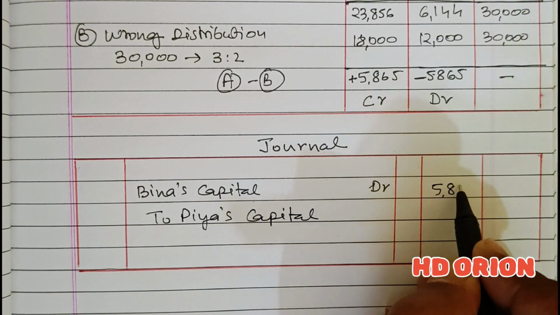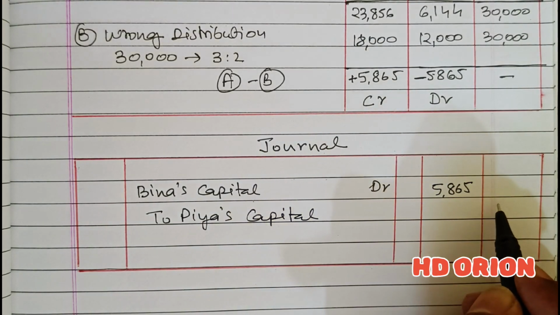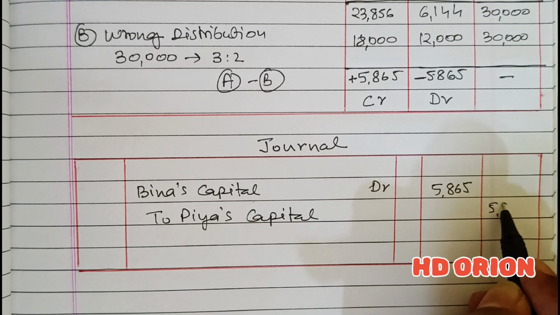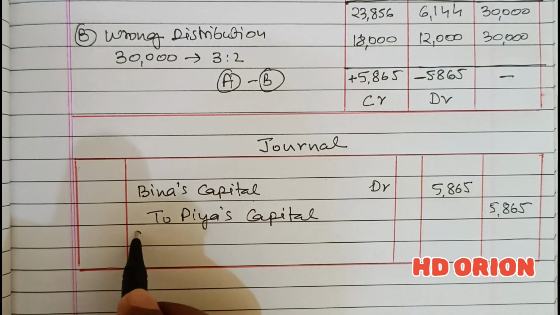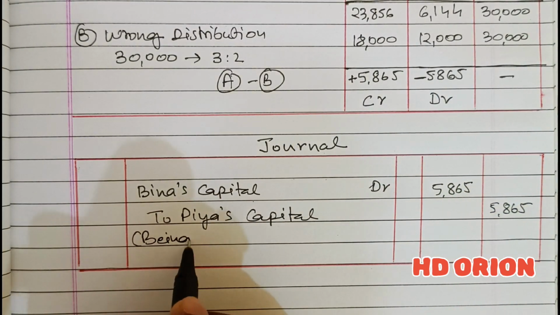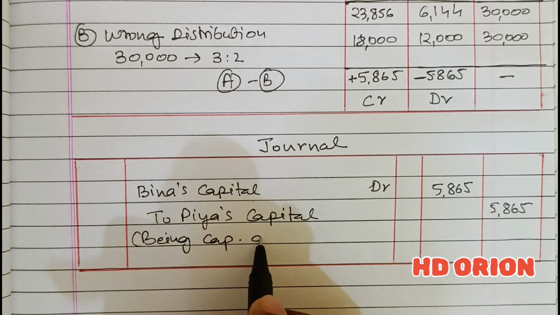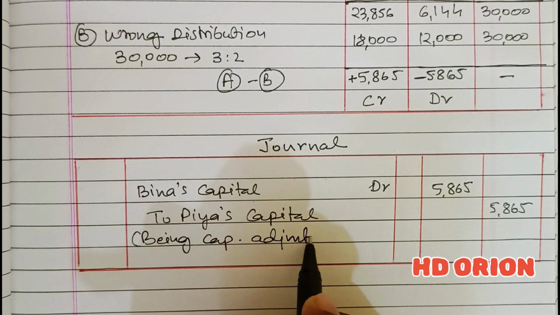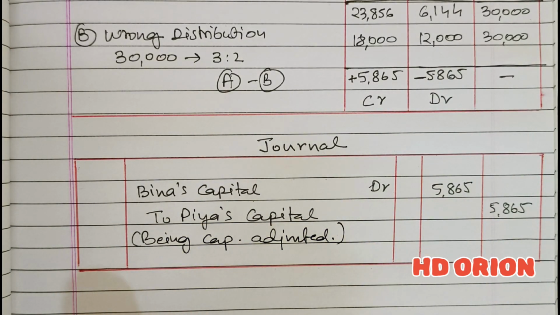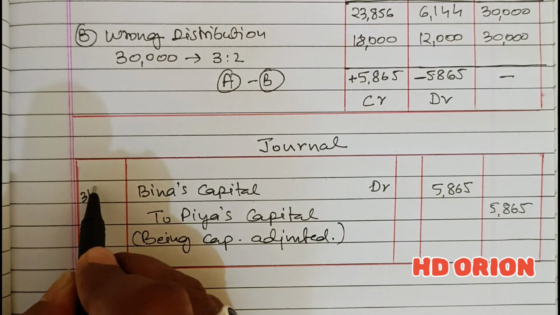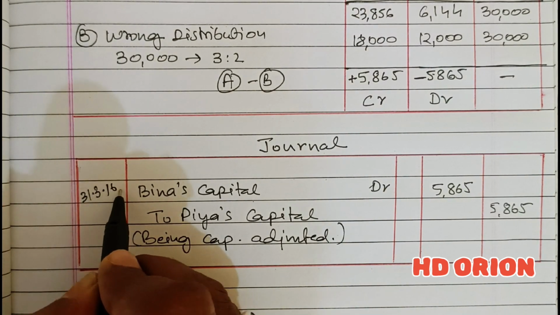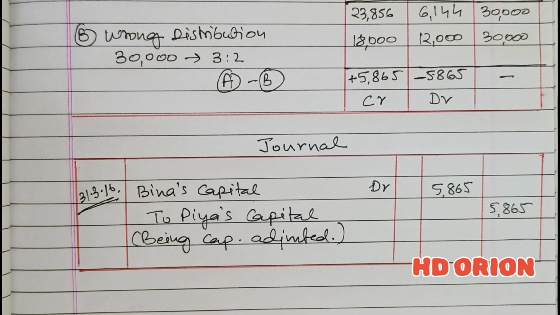Amount is 5,865. Now, date can be 31st of March 2016. So this way you have to answer the question.